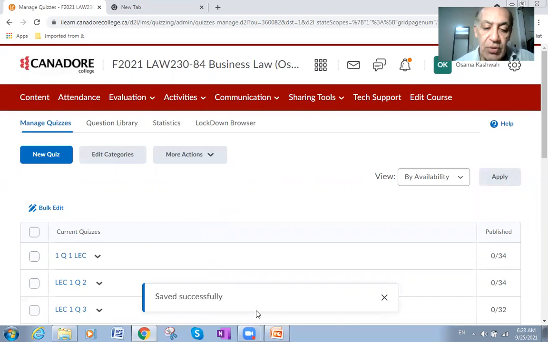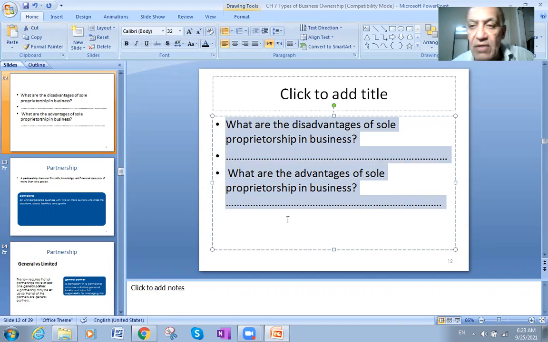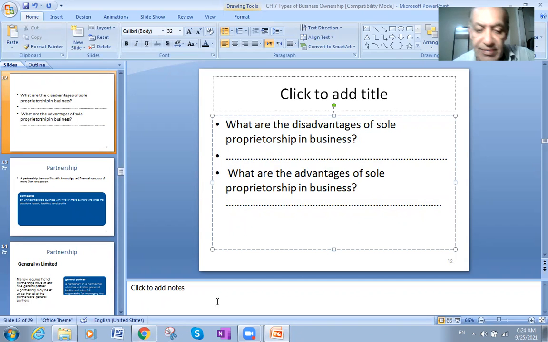Perfect. So we stop here for about 5 minutes to answer these questions. Then we will go to the second part, which is the partnership. We'll stay here for about 5 to 7 minutes, then we'll go to the next part of our lecture today, which is the partnership.